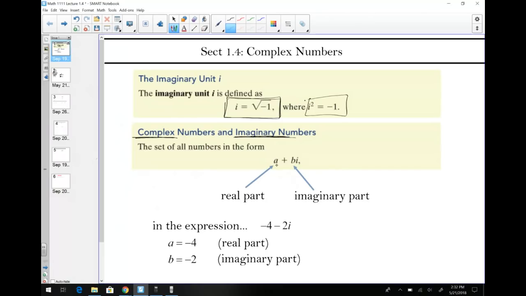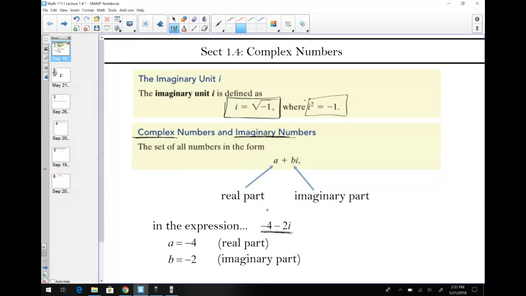The complex numbers consist of a real part, which is this a, and the imaginary part, which is that b. Remember though, in this particular expression, -4 minus 2i, -4 is going to be our a, and our b is going to be -2. Notice it's not -2i, because the b is this -2, and the i is separate from it, okay?